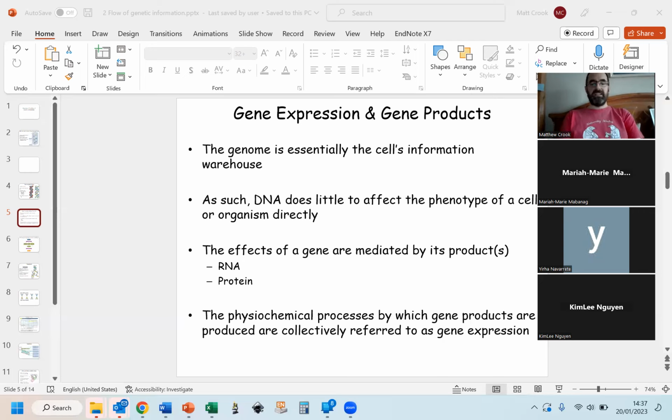So mRNA is an intermediate in a true sense, between DNA and protein, but it's also an intermediate in the sense that it allows information to be carried from one place to another.